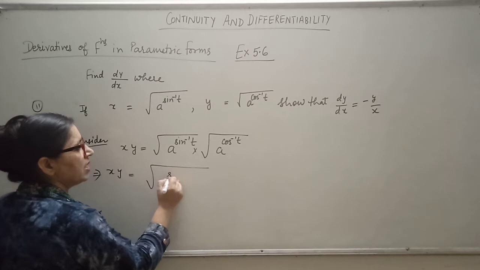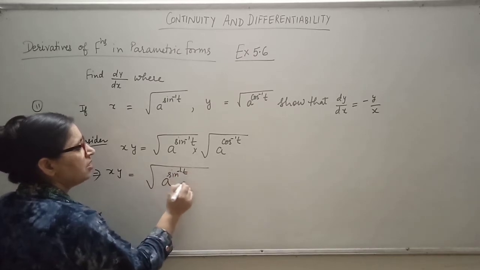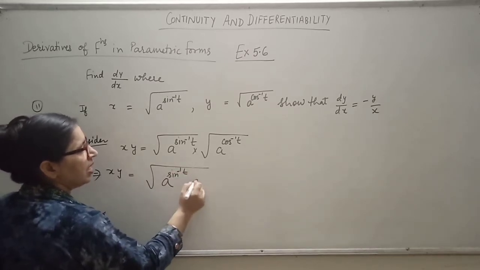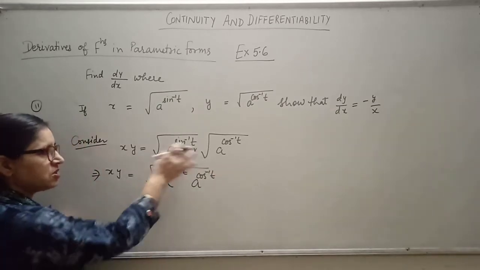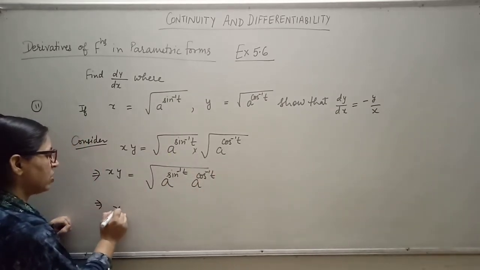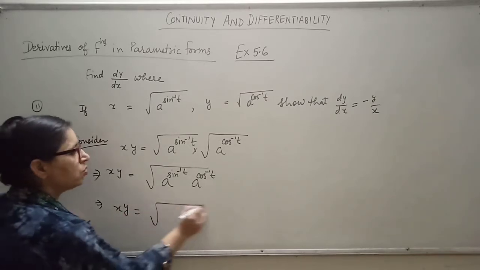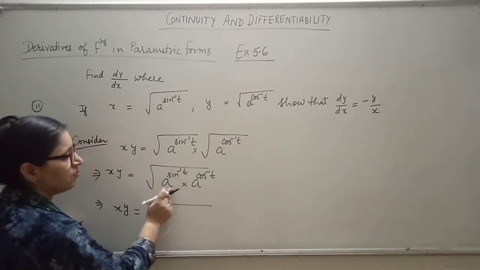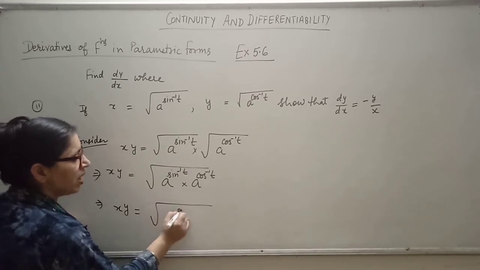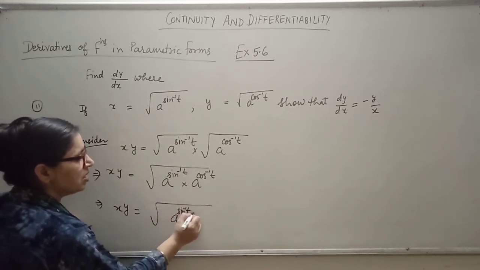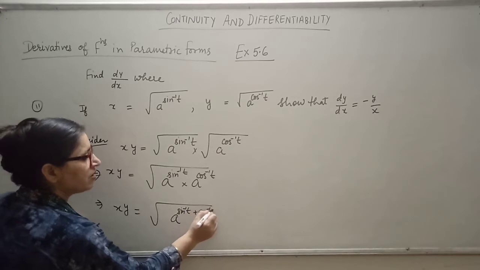So a raised to power sin inverse t into a raised to power cos inverse t, under the same sign you can keep these two. So xy is equal to, you can see this is in multiplication, bases are same, so powers will be added: a raised to power sin inverse t plus cos inverse t.